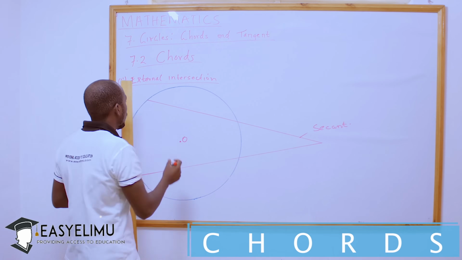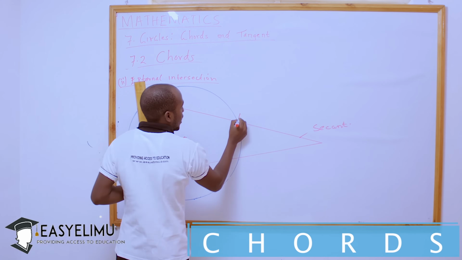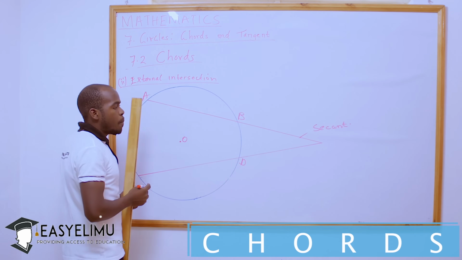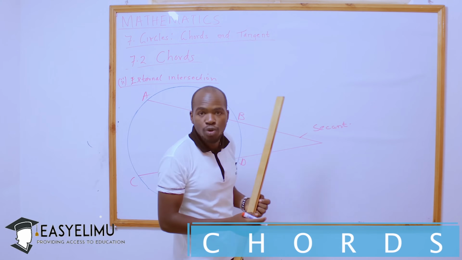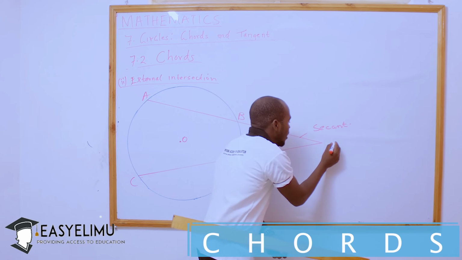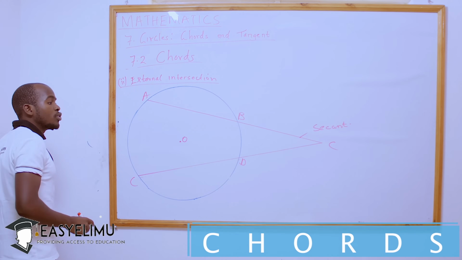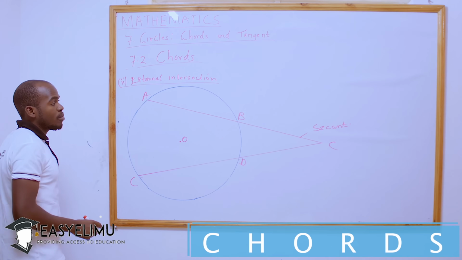Let me call this one A, where it cuts the points, and this one C, and this one here D. But the point where the two intersect, I'm going to give it a name as C. So let's deduce some of the theoretical information from this.